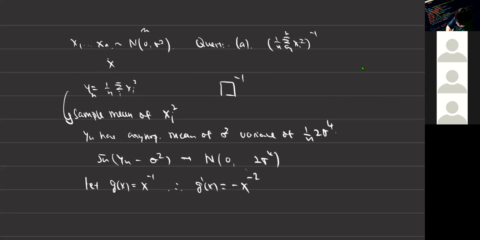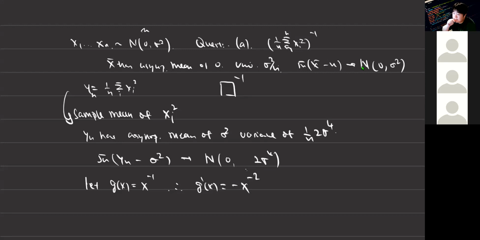So you have x bar minus mu, if x bar has asymptotic mean of 0 and variance of sigma square, well, asymptotically it's over n, right? Then what do you write? You can do this, and this is mu, and this is normal 0 sigma square. Make sense? Yes.